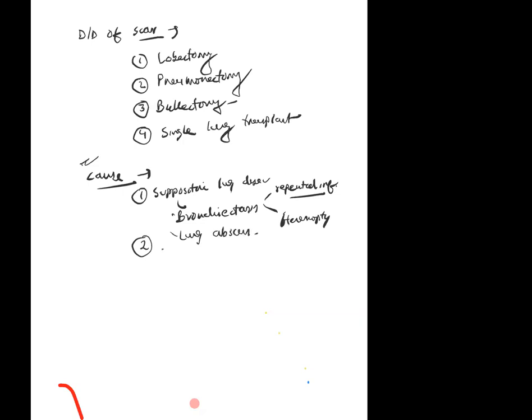Number two is carcinoma. In any case where it is operable lung cancer, you can do the lobectomy or pneumonectomy. Or a pulmonary nodule with some features of malignancy, where it may turn into malignancy.